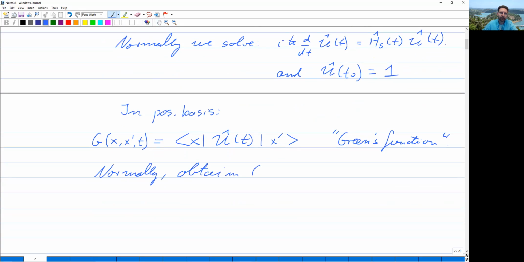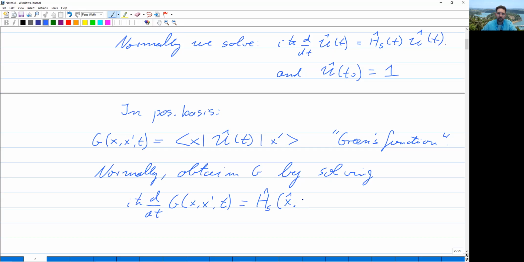Obtain G by solving the above equations for u in the position representation, which is to say, solving i h bar d by dt of G of x and x prime and t equal to the Schrödinger Hamiltonian, the position operators in the shorthand notation acting on position functions, and the momentum operators in the shorthand notation.